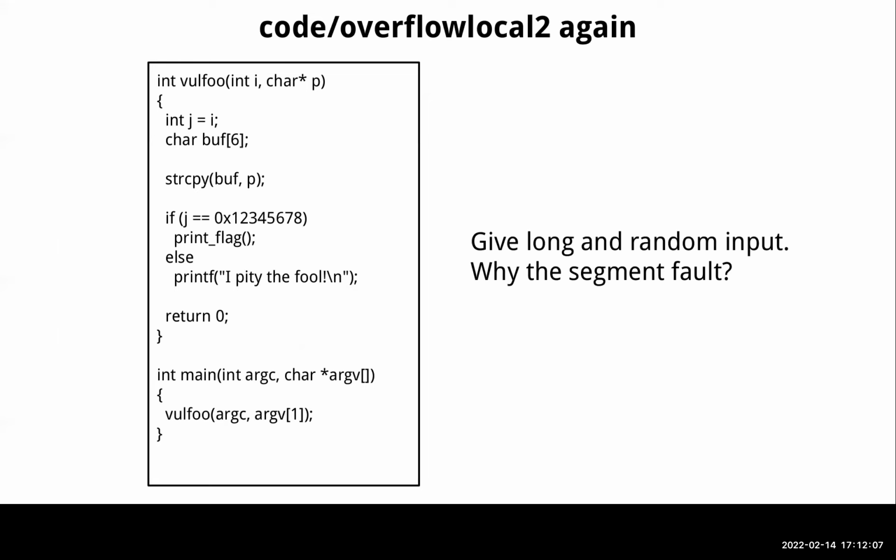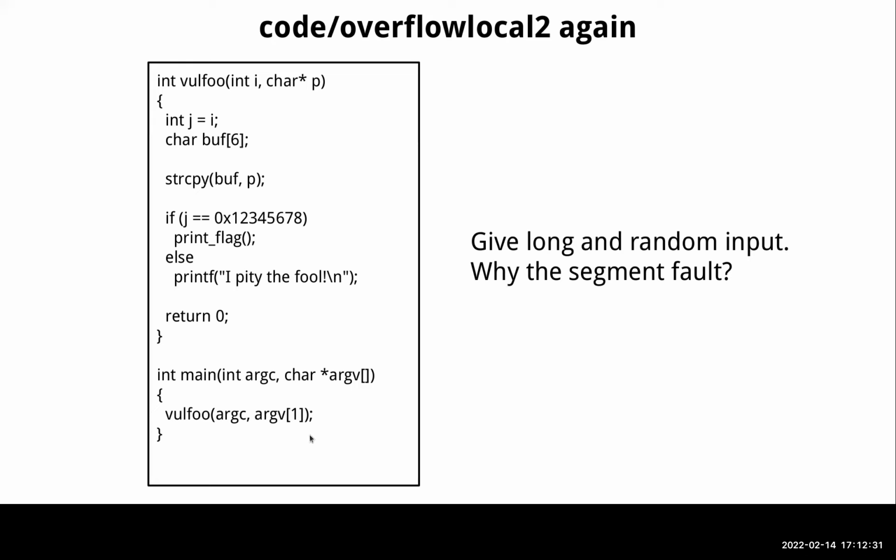So if we look at the second overflow local example again, this is what we saw last week. This program basically asks us to input something from the command line argument.